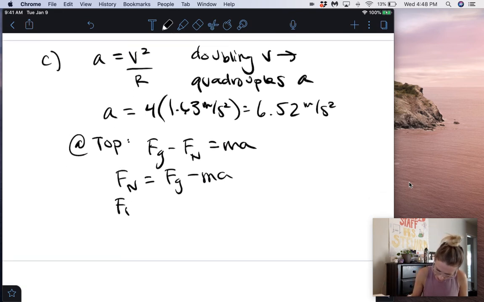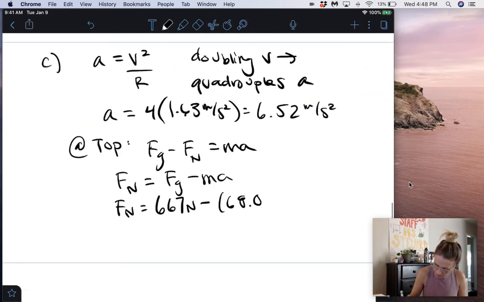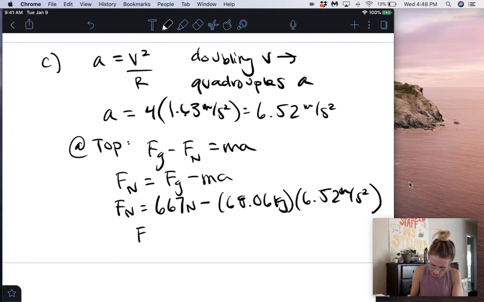So the normal force is equal to the force of gravity, which was 667 newtons, minus the mass, 68.06 kilograms, times the new acceleration, which is 6.52 meters per second squared. And so at the top, the normal force will be equal to 223.25.